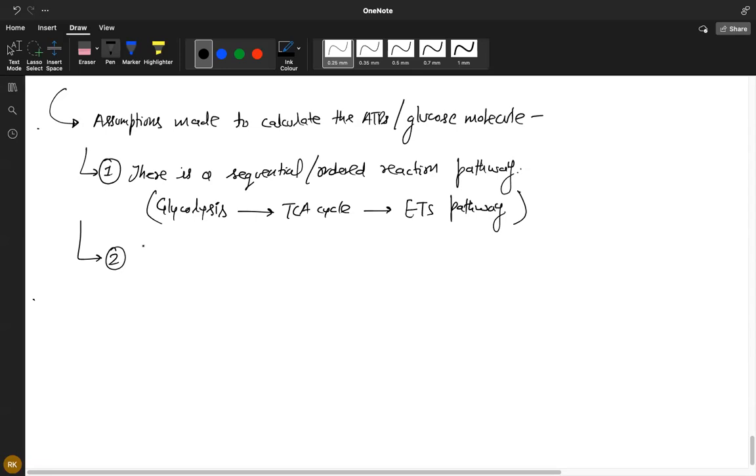So the second assumption is that to make these 38 ATPs, the NADH synthesized in glycolysis is also transferred into the mitochondria, and here that NADH undergoes oxidative phosphorylation, because we are also counting that NADH produced during the first step, glycolysis, and that it comes and helps in producing ATPs here during the ETS. Is it clear?